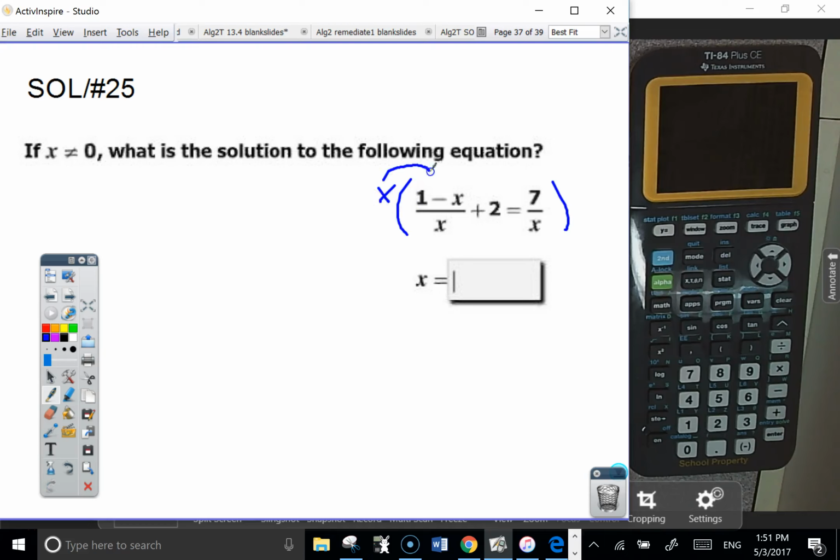There's a fairly simple multiply by x. So when I multiply the first term, the x's cancel and I get 1 minus x. I multiply the 2, I'm going to get plus 2x. And then I multiply 7 over x and I get 7. So that is a fairly simple equation to solve.